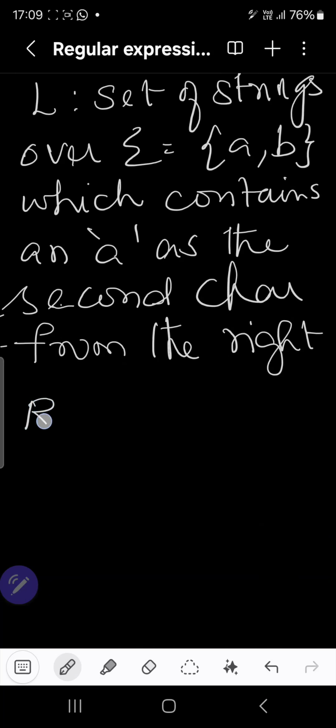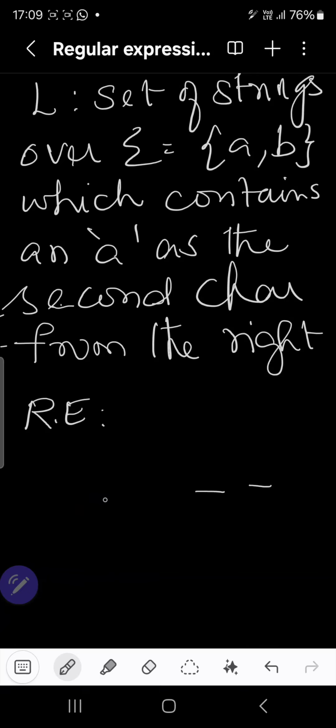Now let's try to write the regular expression. Here it says the second character from the right is an A. All other characters can be anything. The only condition given is that the second character from the right is an A. So this is the last character from the right. This is the second character from the right.